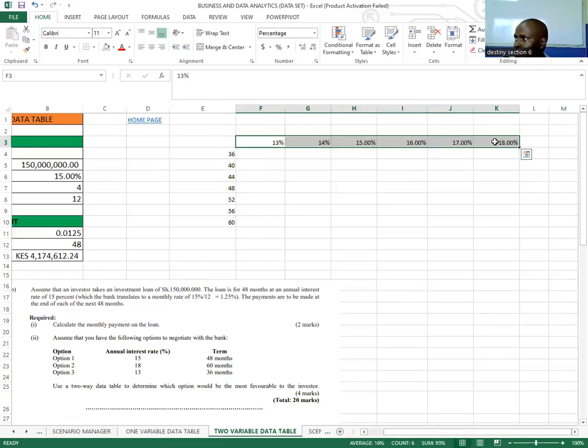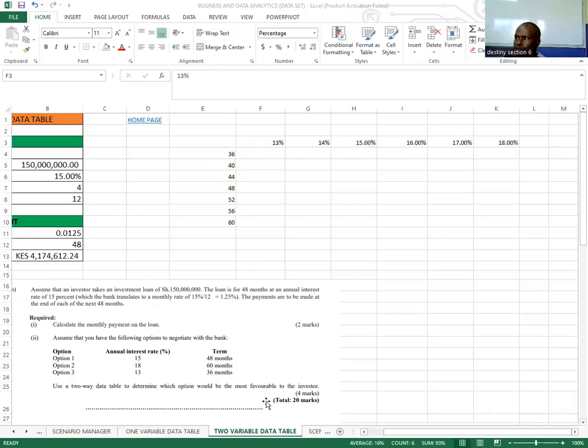So how do I go about it? For uniformity purposes, we can select this format.